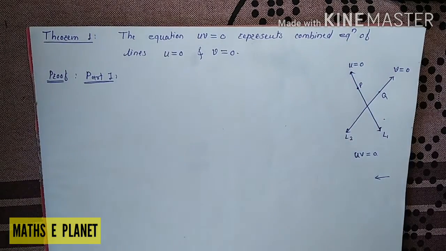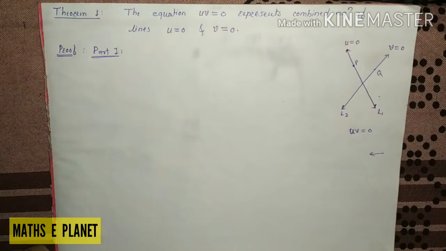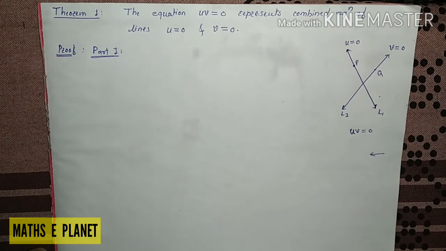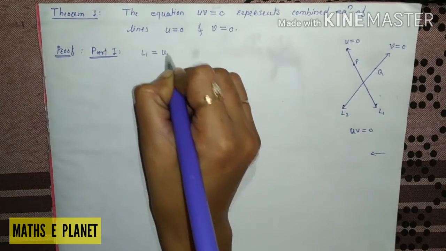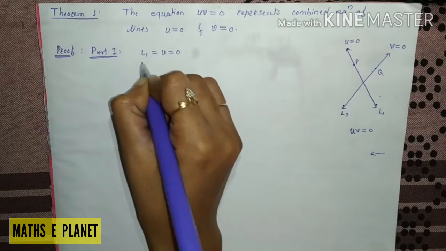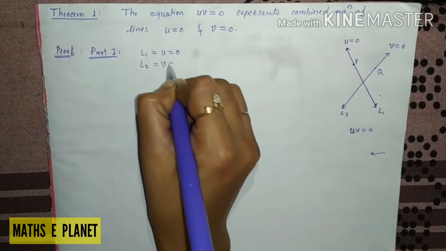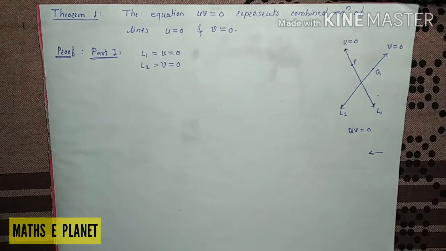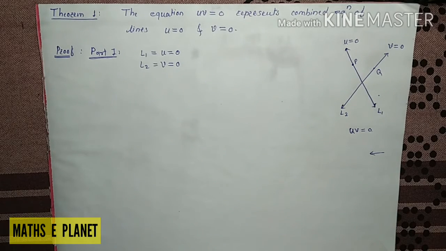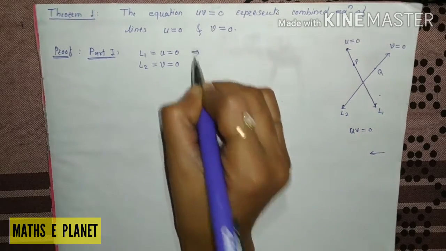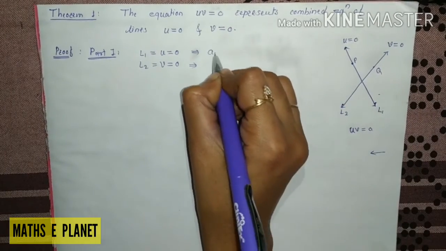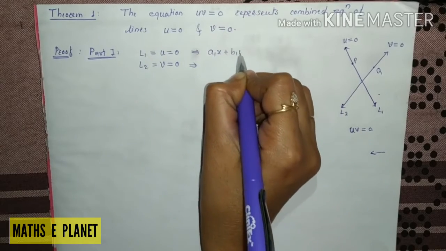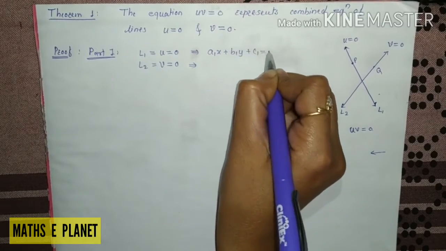To prove part 1, let's take the equations of two lines, L1 and L2. L1 is u is equal to 0 and L2 is v is equal to 0. Then what will be the general equations of these two lines? u is the first line, so we'll write it as a1x plus b1y plus c1 is equal to 0.